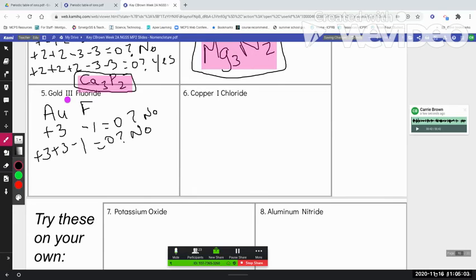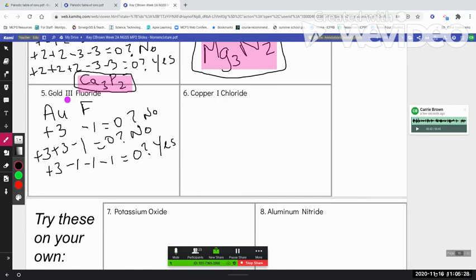So I'm just going to add fluorines on until it matches my gold. So I'm just going to go back to +3. And if I add on another -1, that's still only -2. So that's not going to be enough to equal 0. So I need another fluorine. So then that sums to 0.